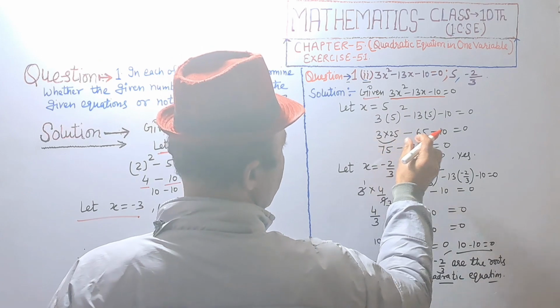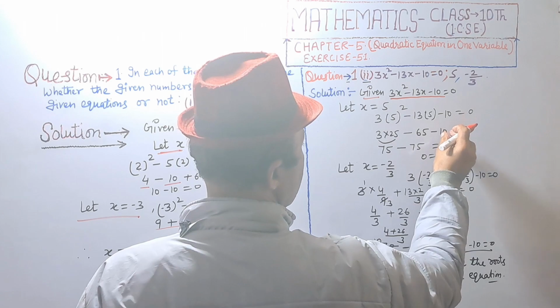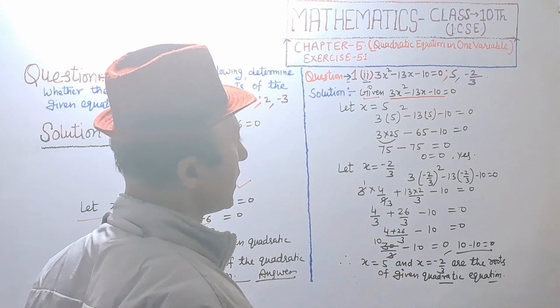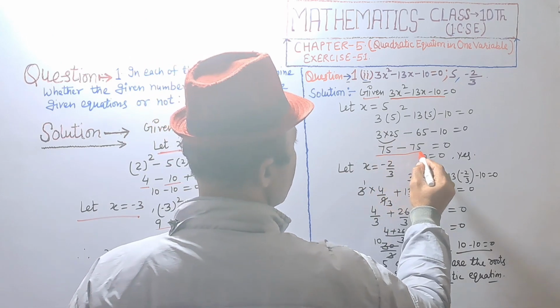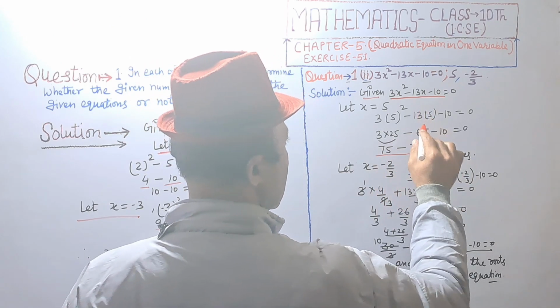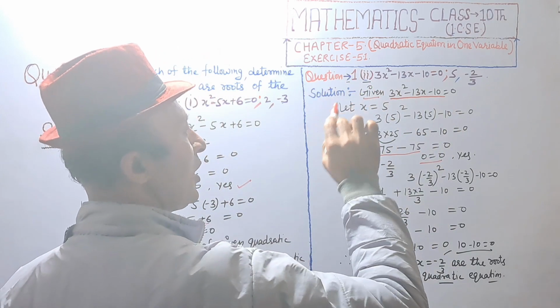This will be 75 minus 75, that will be 0. Yes, we can say that 5 is a root of the given quadratic equation.